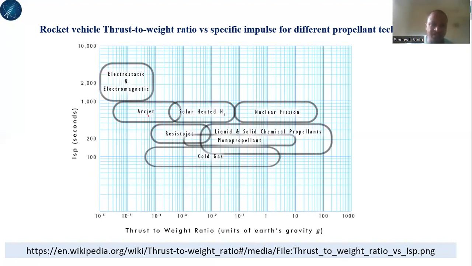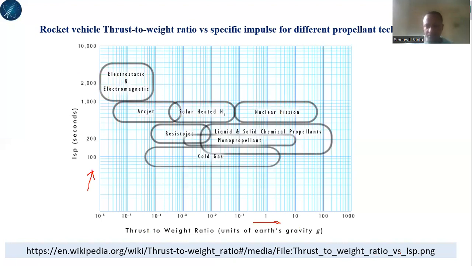For example, what is the value of ISP for liquid and solid chemical propulsion systems, monopropellant systems, cold gas systems, resistojet, or ion propulsion systems, meaning electric propulsion, and solar heated H2, nuclear fusion, arcjet. We discussed these propulsion systems in the last class, so you can understand how we can get ISP and thrust to weight ratio. Here it is thrust to weight ratio, and here it is ISP.